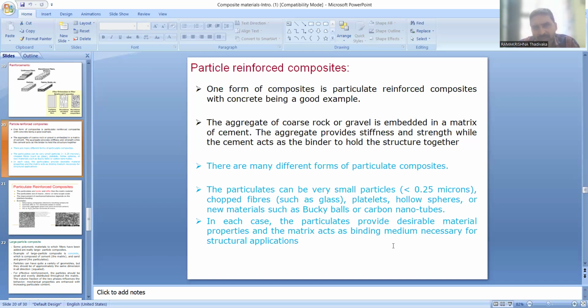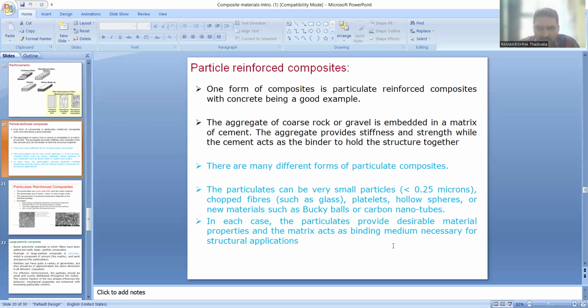The aggregate provides the stiffness and strength, while the cement acts as a binder to hold the structure together. There are many different forms of particulate composites. The particulates can be very small particles less than 0.2 microns, chopped fibers such as glass, platelets, hollow spheres, or nano materials such as buckyballs and carbon nanotubes.